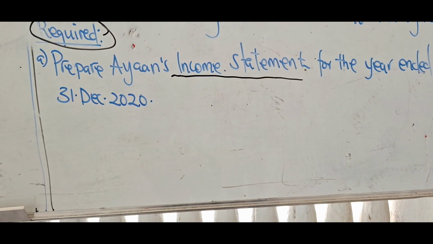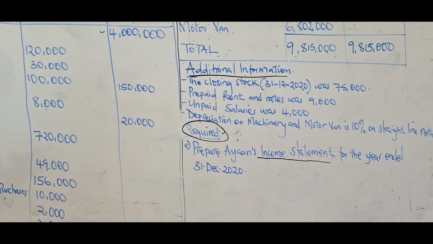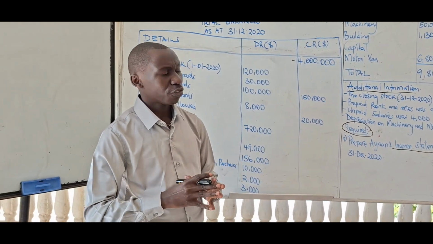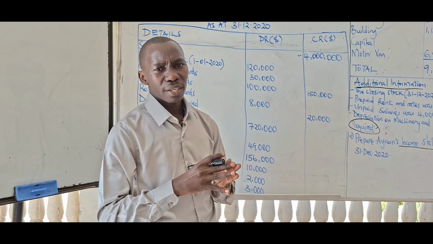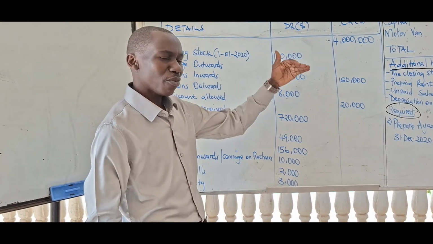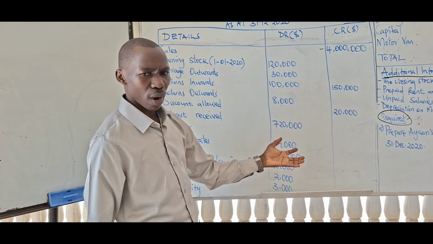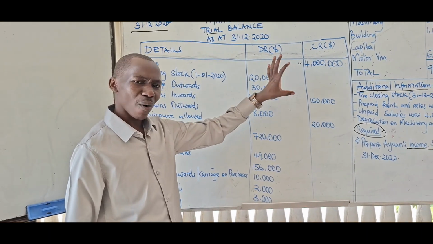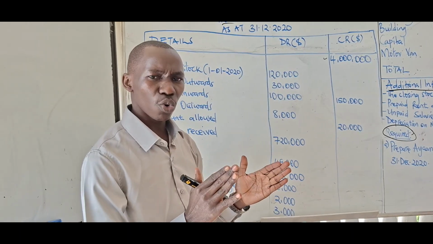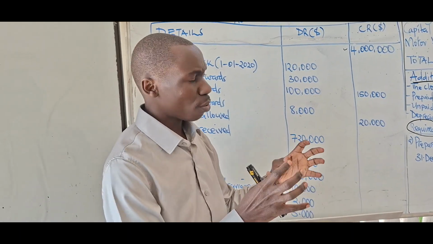When you find such a question, it becomes very easy if you understand the format for preparing the income statement. So we are going to use the format I gave in our previous video, then we try to simplify this one. However, as we are preparing our income statement, don't forget, in the income statement we only look at nominal accounts.